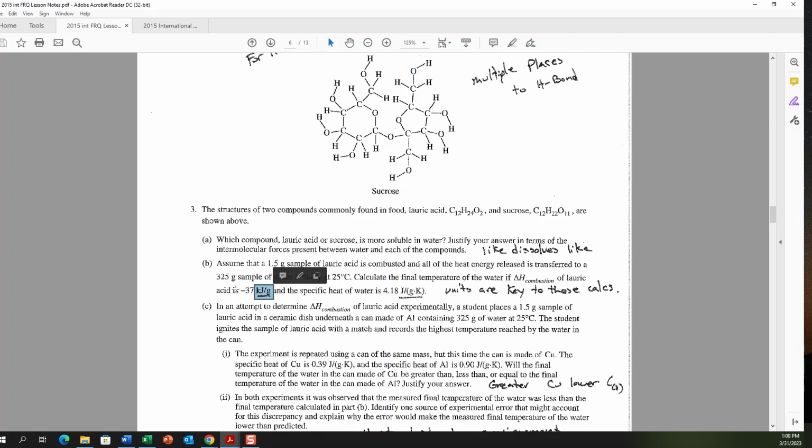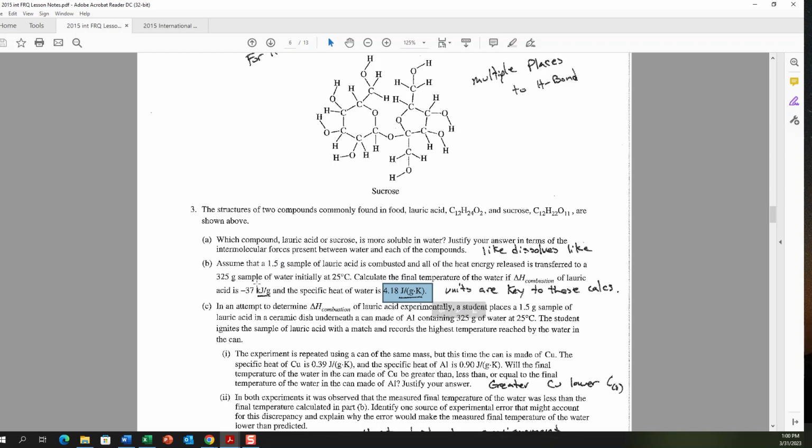So if you take this and multiply it by grams, which they gave you, 1.5 grams, that would give you kilojoules, all right? Now, all we're going to do is take that total energy from burning 1.5 grams of this and put it in a q equals mcΔT equation. It'll be our q value, but we have to be careful, right? This is the specific heat capacity of water, and it's in joules.